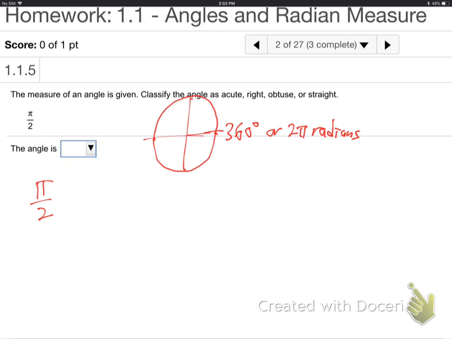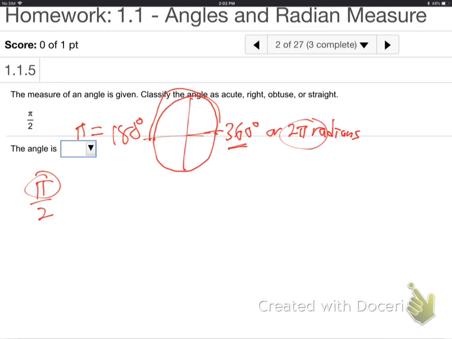So what could I do? Well, remember what that pi is? If halfway around is 180 in degrees, and all the way around is 2 pi radians, what's halfway around in radians? Pi. So pi radians must equal 180 degrees. You tracking with me on that?